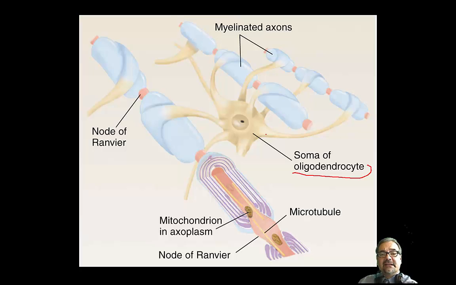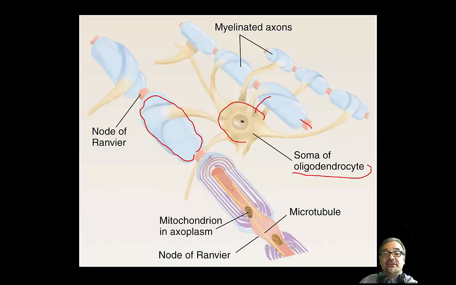Oligodendrocytes have processes that wrap around axons. Notice that a single oligodendrocyte is wrapping around, in this case, just 3 axons. This is just an example, it could be hundreds. A single oligodendrocyte wraps around several axons and creates the myelin sheath around them.